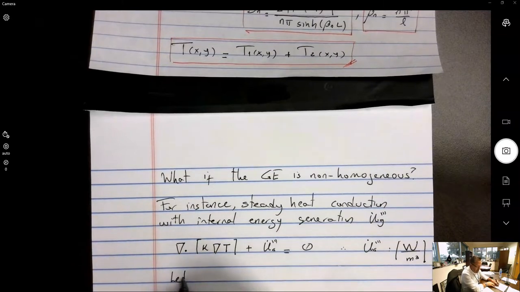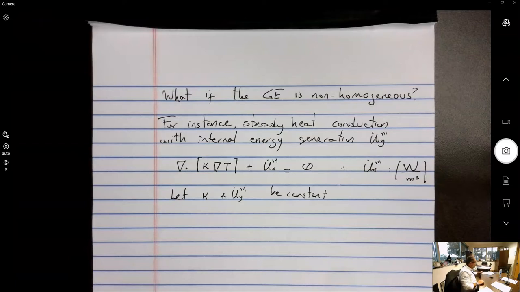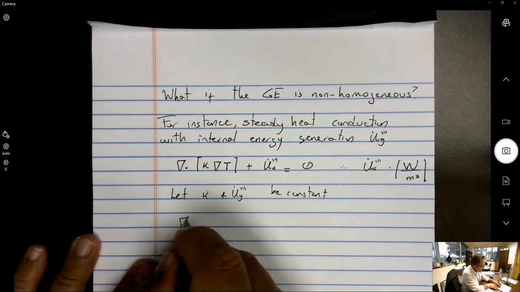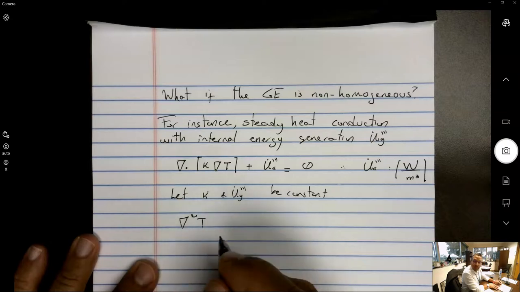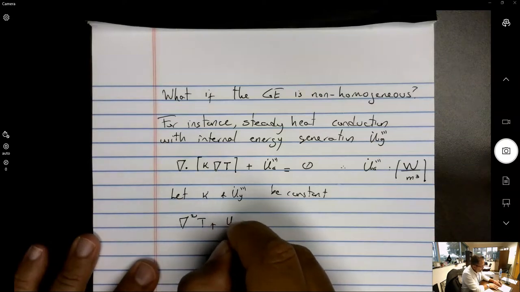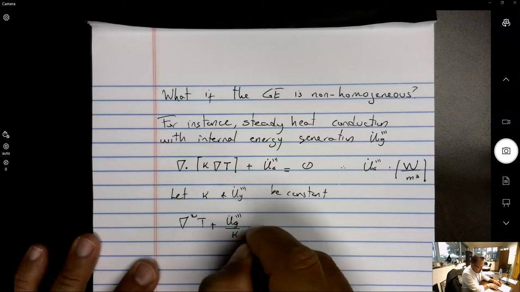Now let K and U_G triple prime be constant, and this would be for purpose of illustration. U_G triple prime doesn't need to be a constant, but for the purpose of illustration, then this will go down to the Laplace of T plus U_G triple prime divided by K is equal to 0.